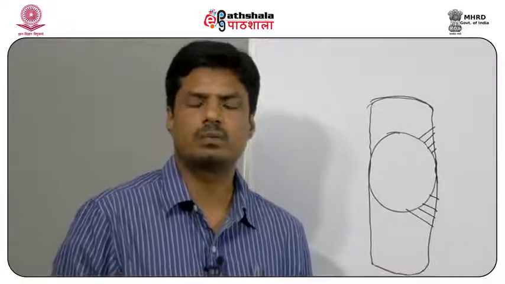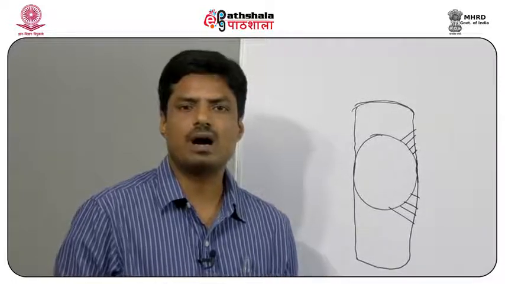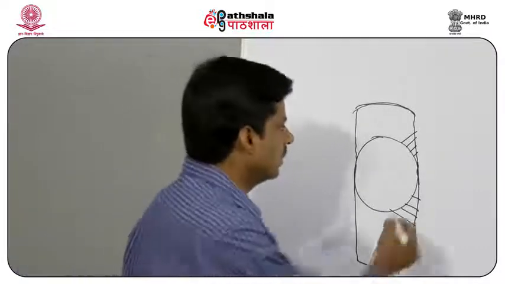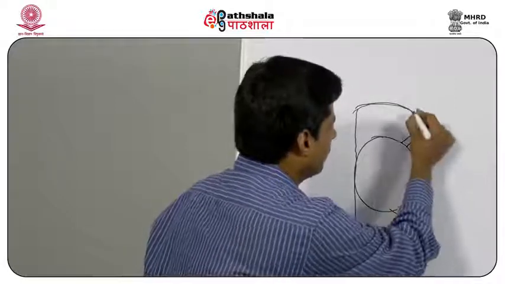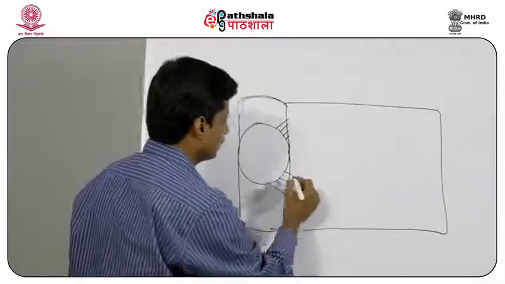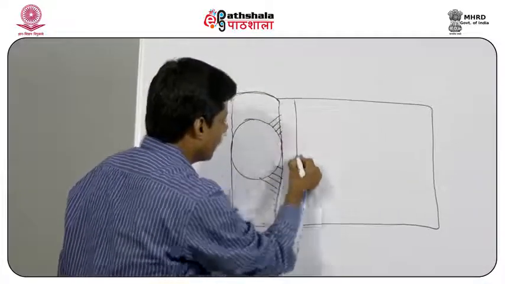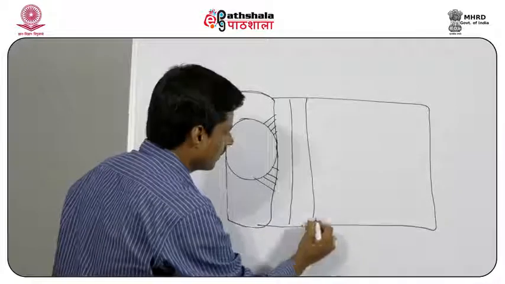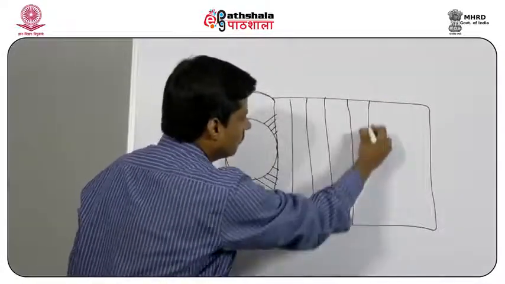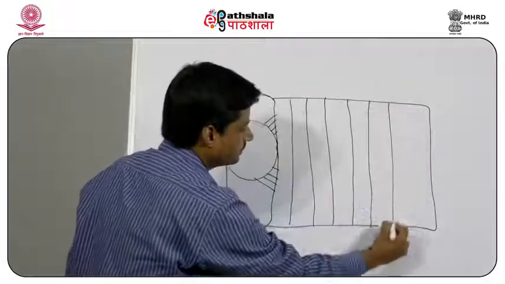Dear students, in cylindrical projection, parallels and meridians are equally spaced, or we can say, when we draw it here on a sheet like this, these longitudes will be equally spaced.